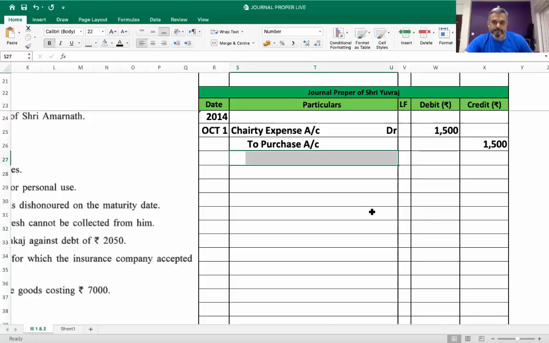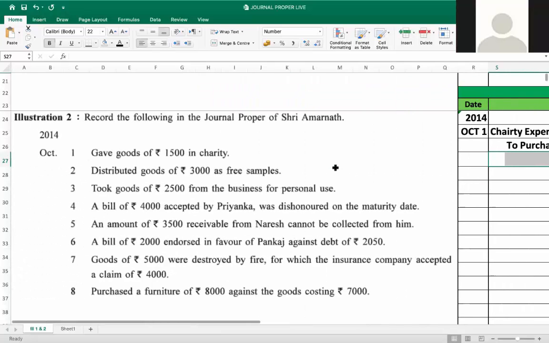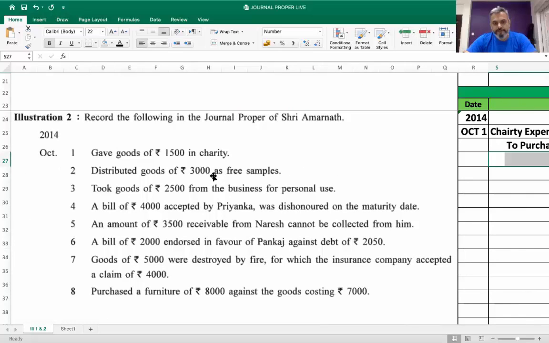It's okay, but it's better you write the name given in the transaction. If the transaction was like this, that gave goods of rupees 1500 to drought relief fund or something like that, then you can use either charity or donation. But here, because in the transaction the word charity is used, we are using the word charity. Preferably you use that. Depends on the transaction.